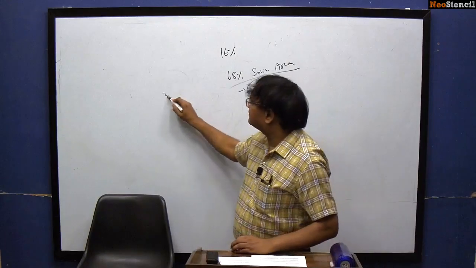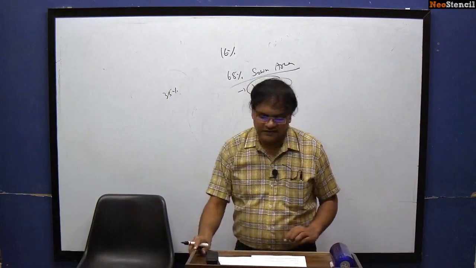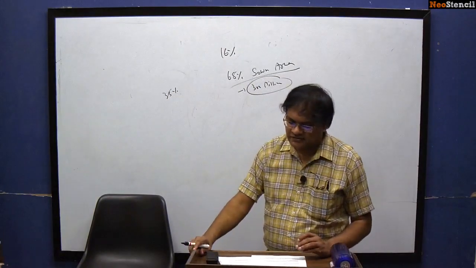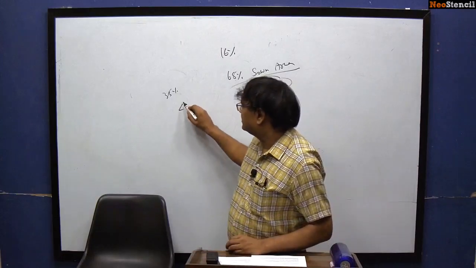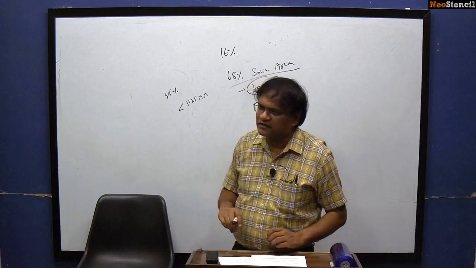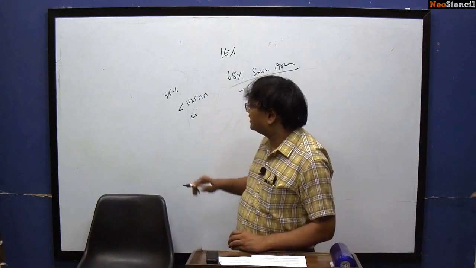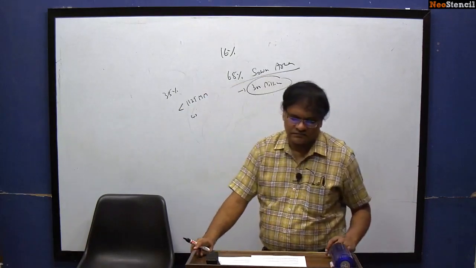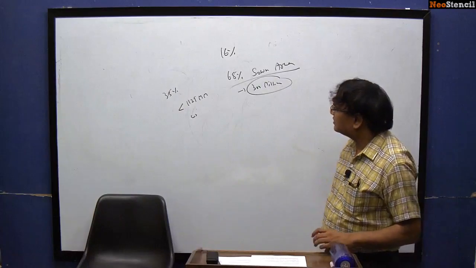And 35% of our area receives less than 1125 mm rainfall, which is what is called drought prone area.